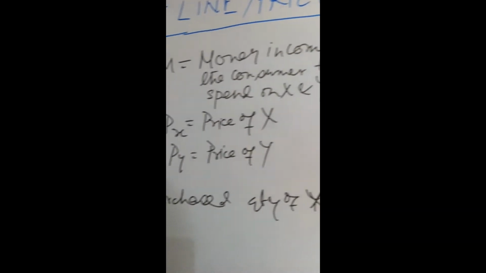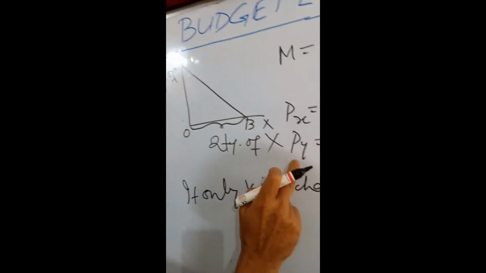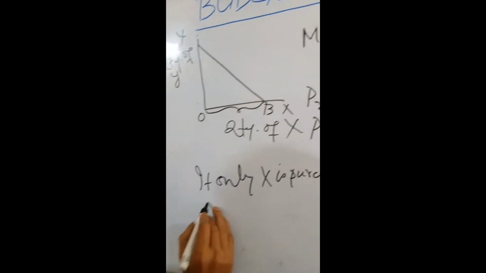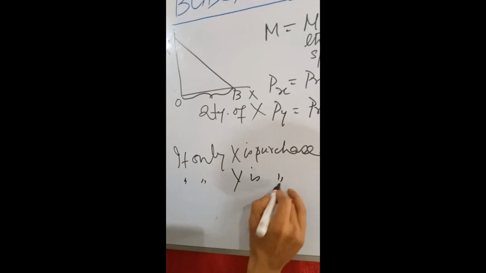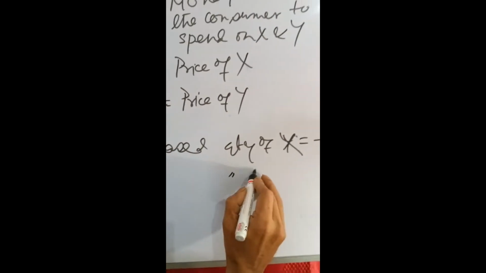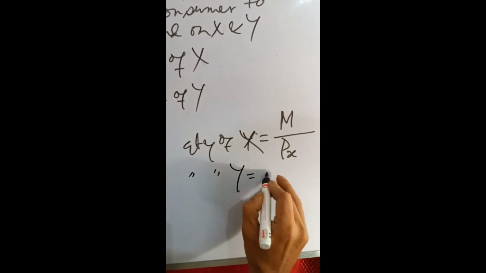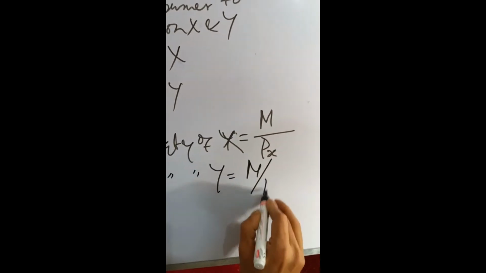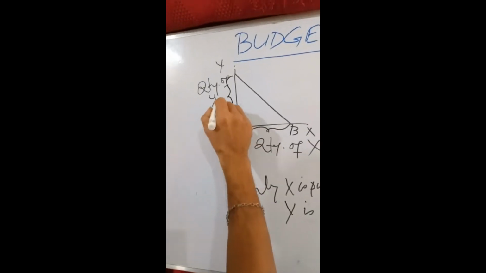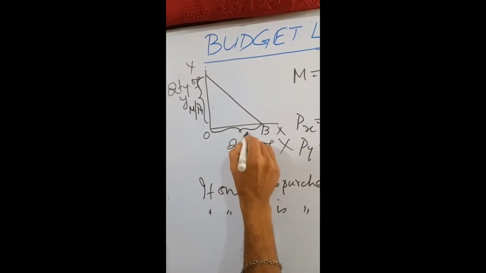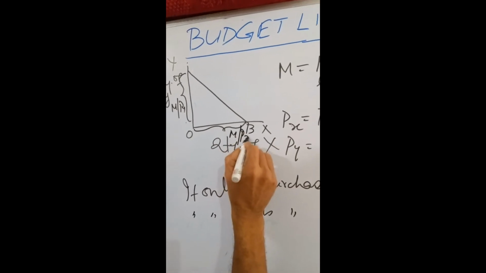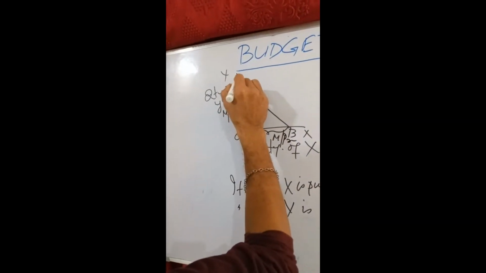He will be able to purchase M divided by Py. So if only Y is purchased, quantity of Y is equal to M by Py. So this is M by Py and this is M by Px. Let us call this point A.